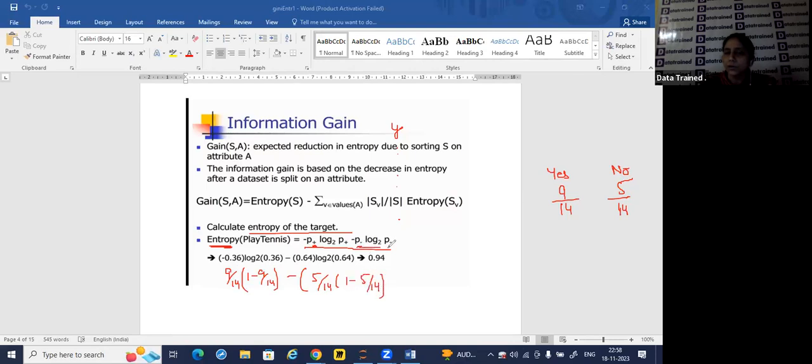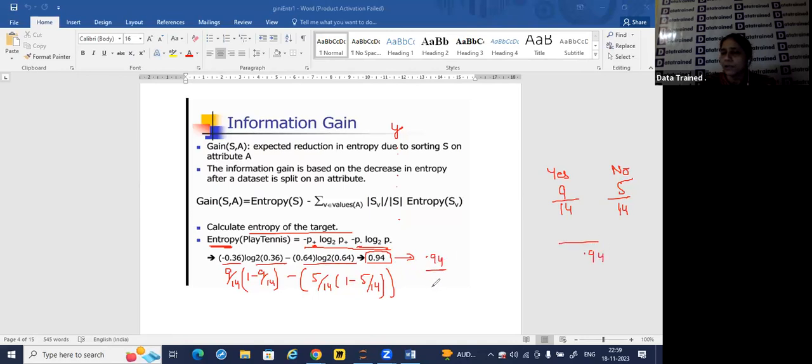This one is log P minus. When it is calculated, entire calculations are shown. It is showing you 0.94. This is 0.94, so this is the entropy.